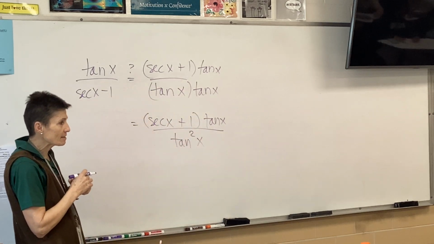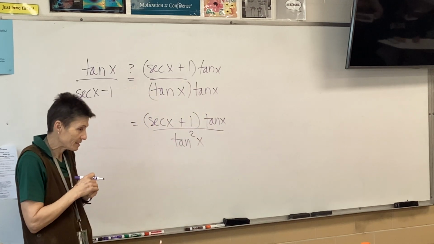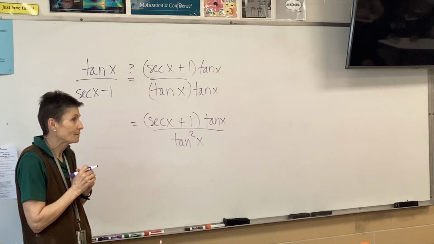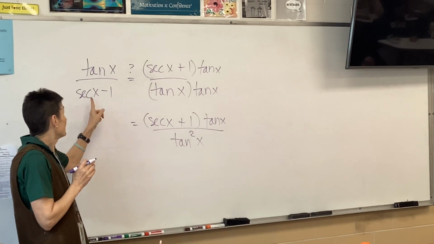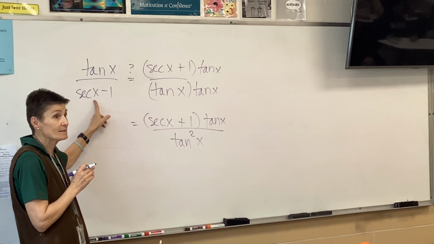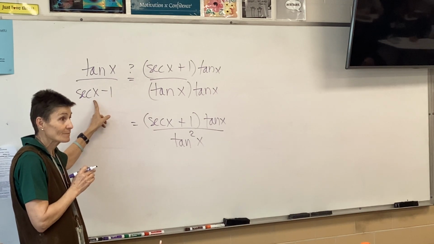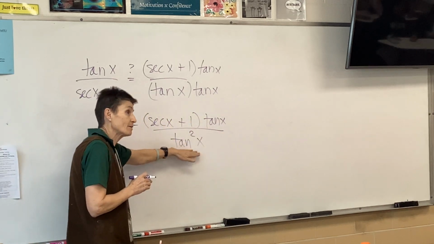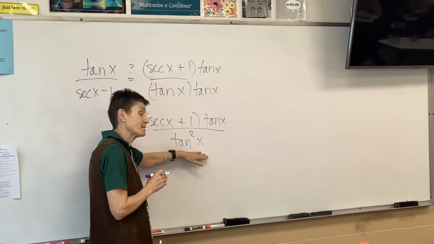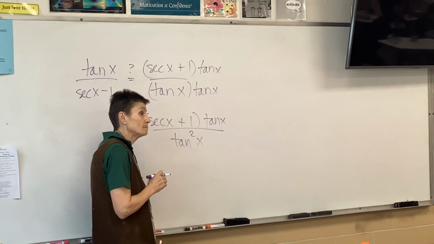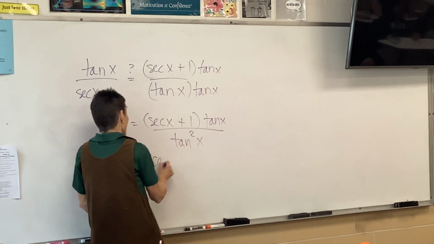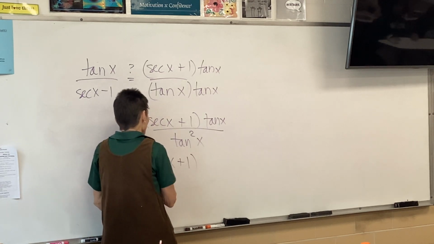Is there anything that makes me happy? Sarah? Well, doesn't secant x minus 1 equal tangent squared? Not unless it is squared. Secant squared minus 1. Oh, Sarah, back up. Same idea right here. You have a squared right here. What's tangent squared? Secant squared minus 1. So let's do that. Let's use your thought.